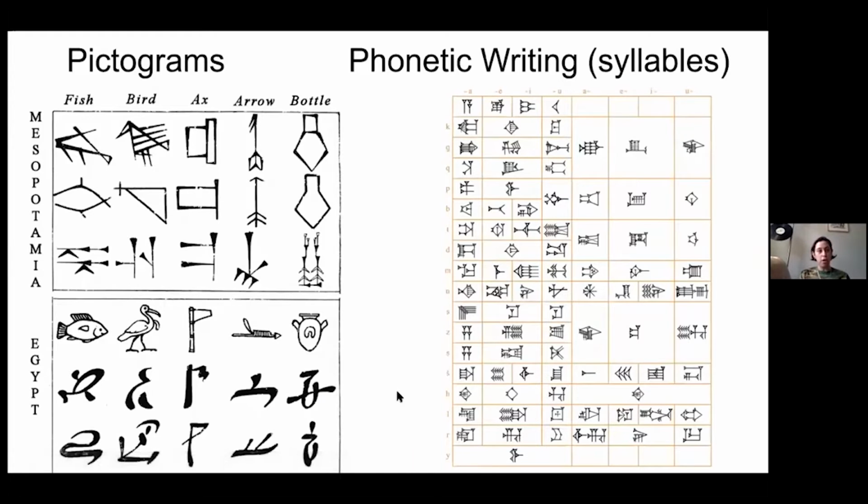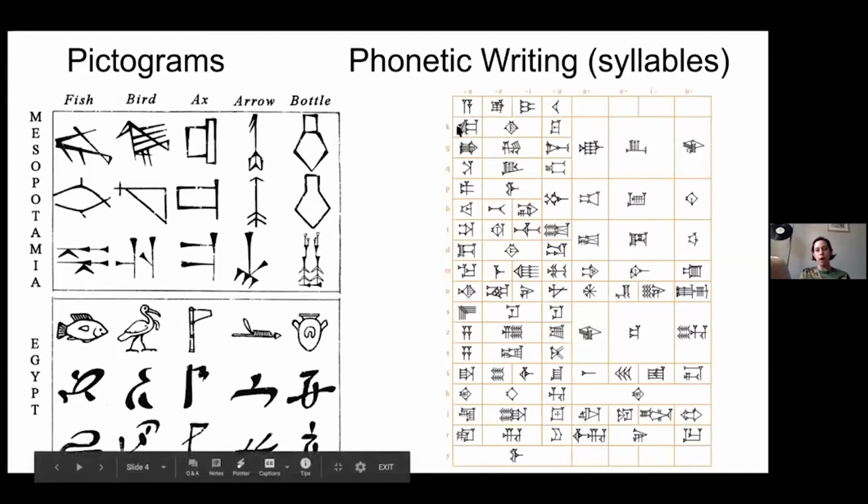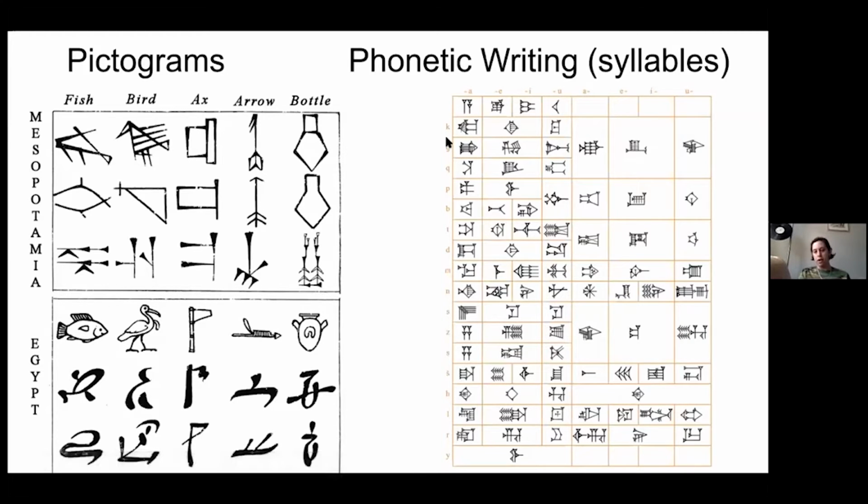Then, before the original alphabet, people started getting sick and tired of learning all of these characters. They said, why not take the characters that we already know and come up with a phonetic value for them? So instead of having a separate character for each word or each idea, they started coming up with characters derived from the pictograms that stood for a specific syllable.